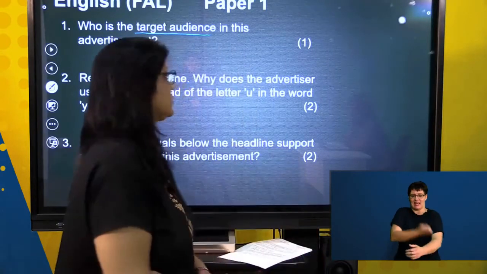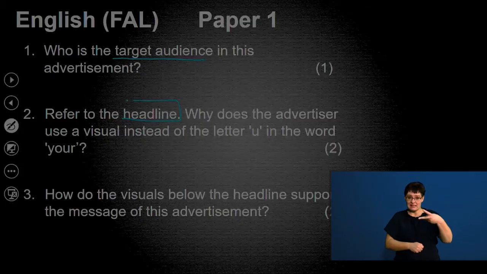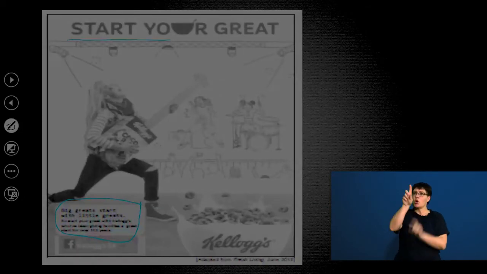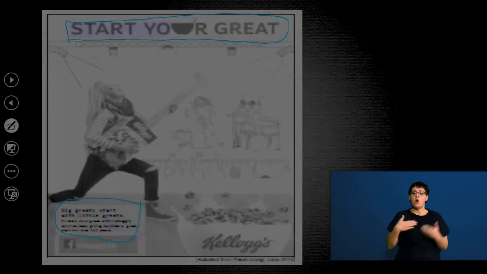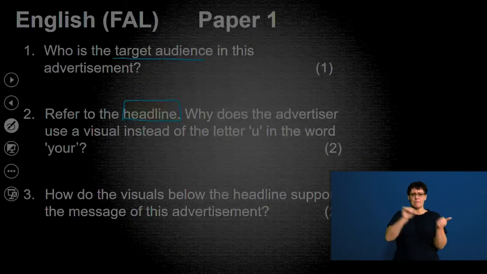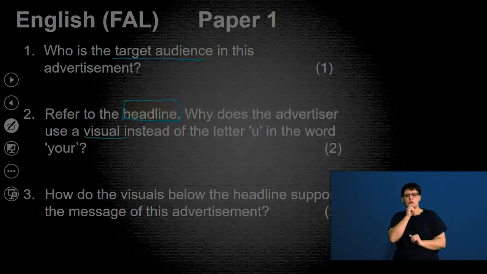So let's go on to the second question. Here we are referring to the headline. Before we read the question, let's look at the headline. The headline is up here: "Start your grade." Go back to our question. Refer to the headline. Why does the advertiser use the visual instead of the letter U in the word "your"?